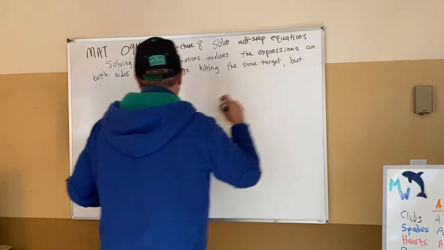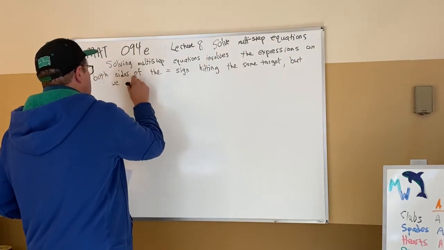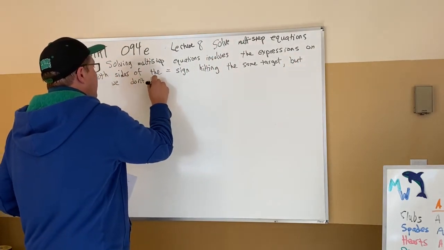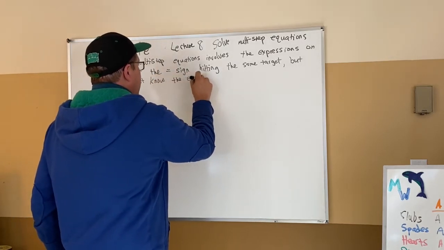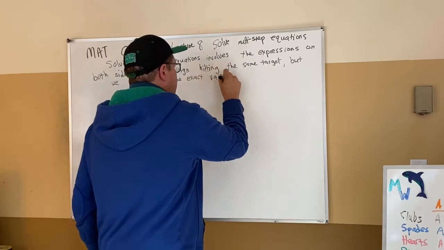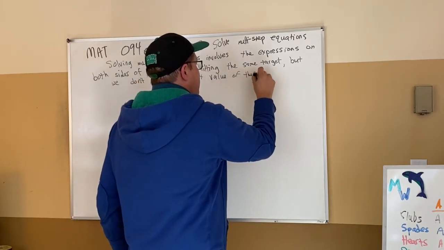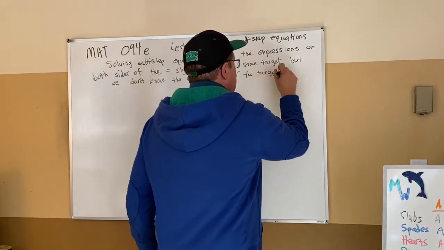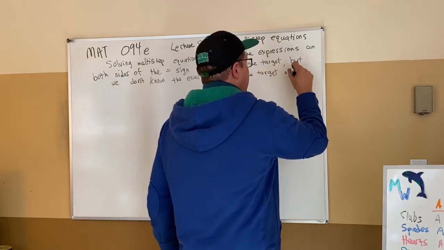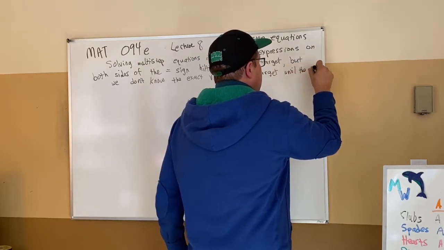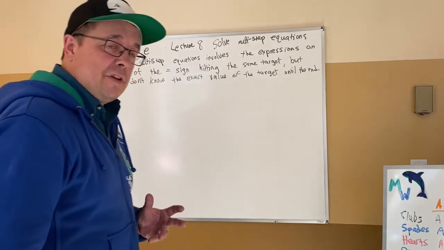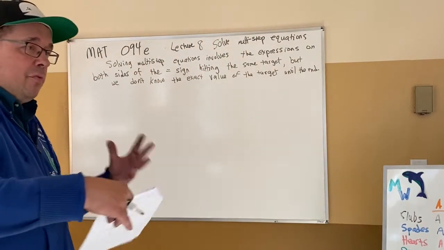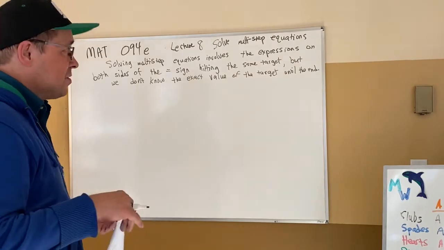But you don't know the exact value of the target until the end. We know we're shooting for the same target, but we don't know what it is that we're shooting for. And if we both meet at the same destination, then it works.